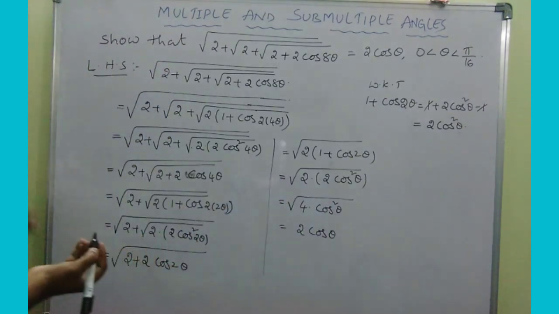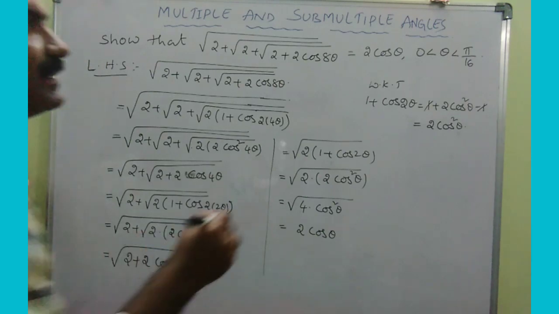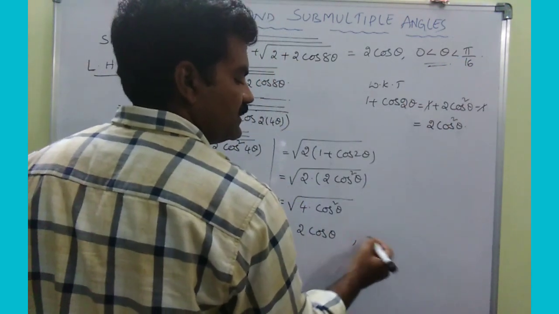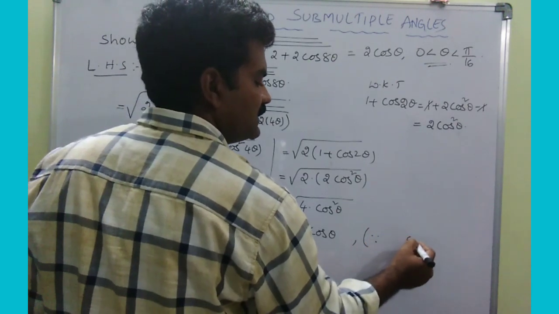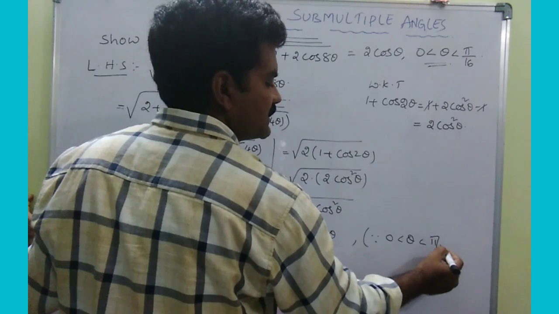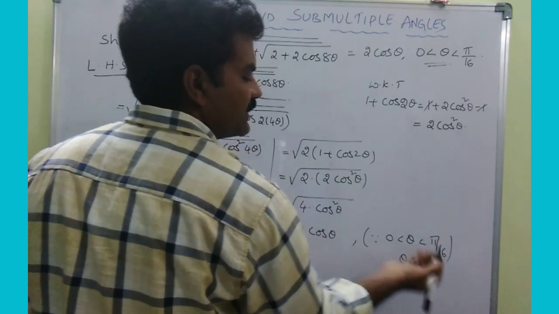Actually, you may have a doubt: why is it not plus or minus? Because of the square root, it can be plus, and it can even be minus. But my dear, the condition already provided is that theta lies between 0 to pi by 16. So clearly theta belongs to the first quadrant.